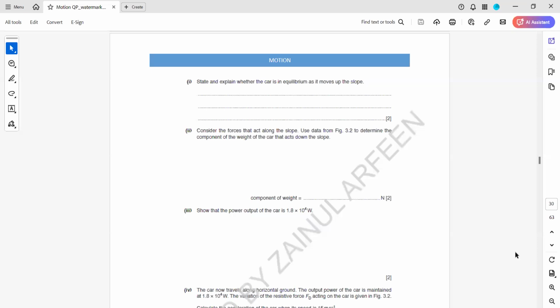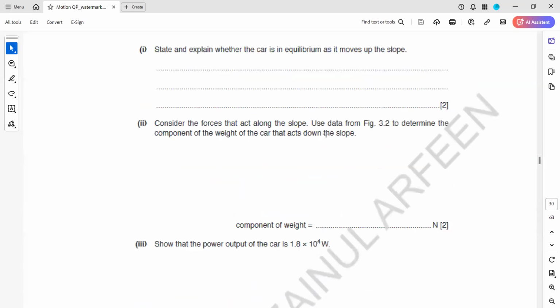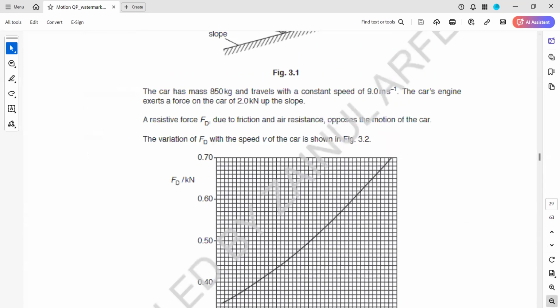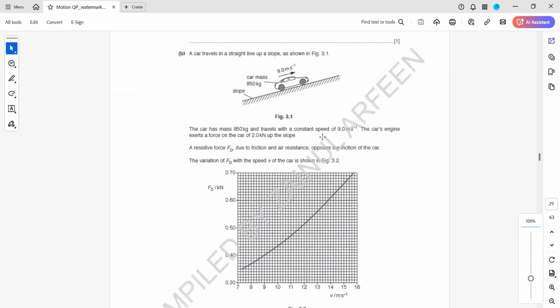Consider the forces acting along the slope. Use the data in figure 3.2. Determine the component of the weight. In the question, a car of mass 850 kilogram is moving at a constant speed.